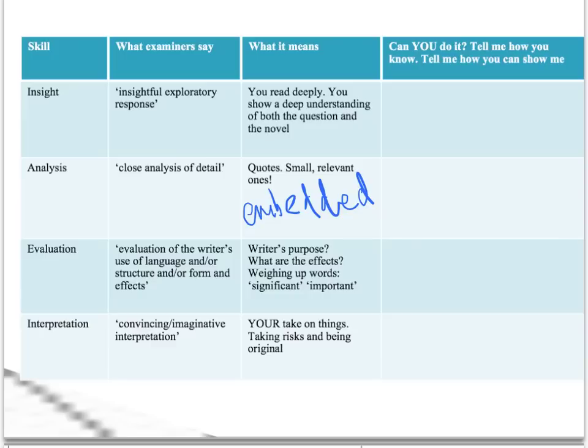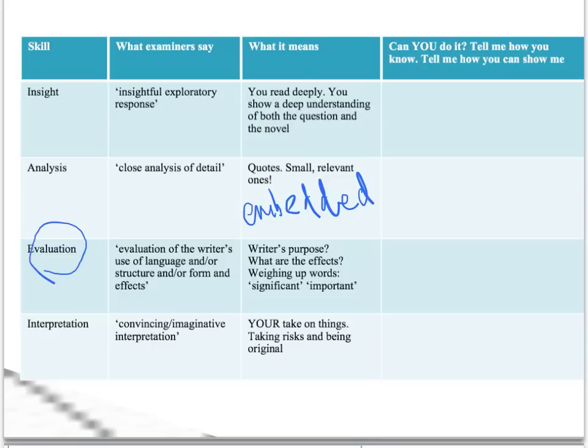Evaluation. Probably, evaluation is one of these things that really can be a barrier to students achieving an A-star. And what the examiners talk about is evaluation of a writer's use of language and or structure and or form and effects. Well, what are we talking about?